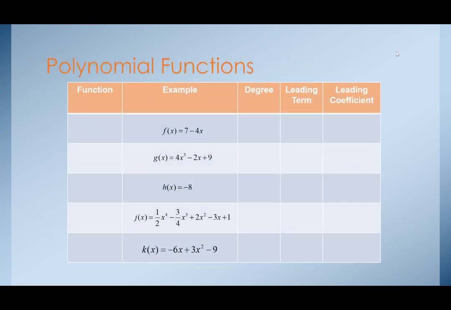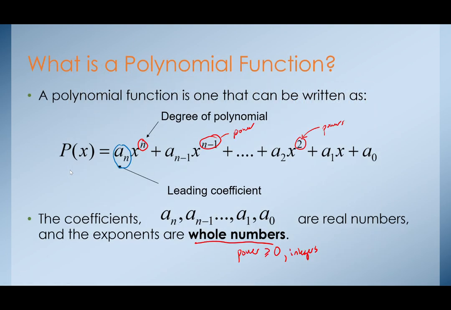Okay, so no fractional powers, no negative powers, just plain old regular numbers. Here are some examples of various polynomial functions, and we want to identify the type of function, the degree, the leading term, and the leading coefficient. Let's go back just a minute and make sure we're clear: our leading coefficient is the coefficient on whatever the highest power term is, and our leading term is the whole thing, the leading coefficient with x to the power.